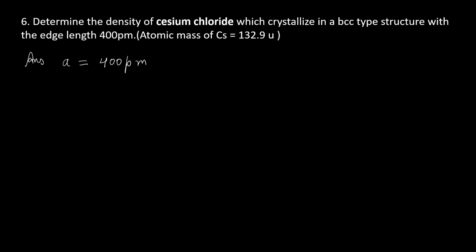Convert it into centimeter, so it becomes 400 into 10 raised to power minus 10 centimeter. Second, you have to determine the molar mass of cesium chloride. So cesium is 132.9 plus chlorine is 35.5. When you solve it, it comes out to be 168.4 gram per mole.